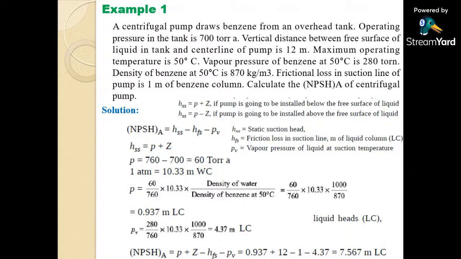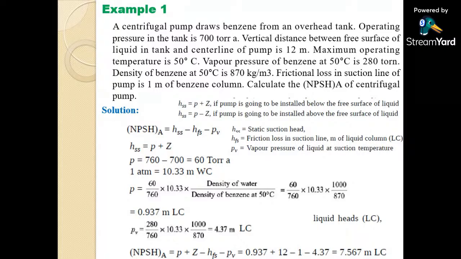So here in this case, HFS is given. I am going to write it in a proper way. Okay, so HFS is the total frictional head available. How much is it? The frictional loss in the suction line. Remember the word. So for the suction line, we are writing this. So HFS is given as 1 meter of liquid column.